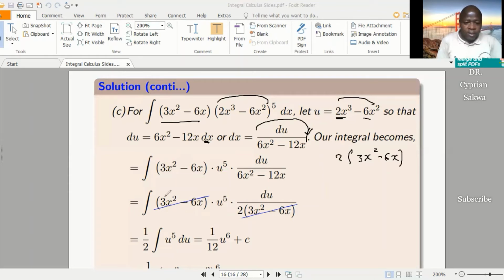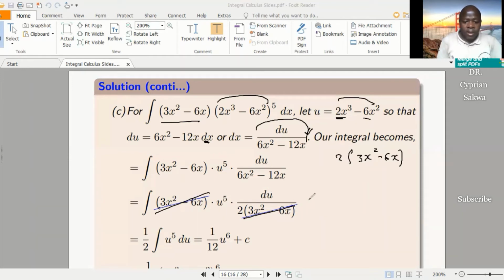So the numerator is this times u raised to 5, where I'm using the dot to imply multiplication, then times du. So this is the part where I factored 2 out, so that this cancels that.